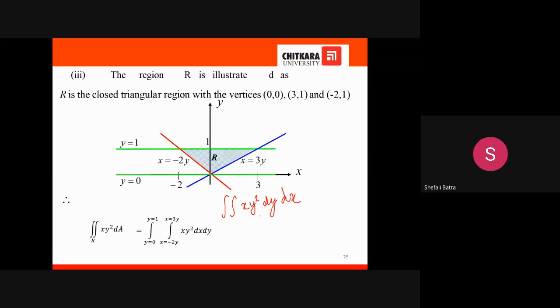If I'm writing like this, it means I need to make a vertical strip because I'm writing dy here. So if I'm making a vertical strip, then what will be the limit, beta?